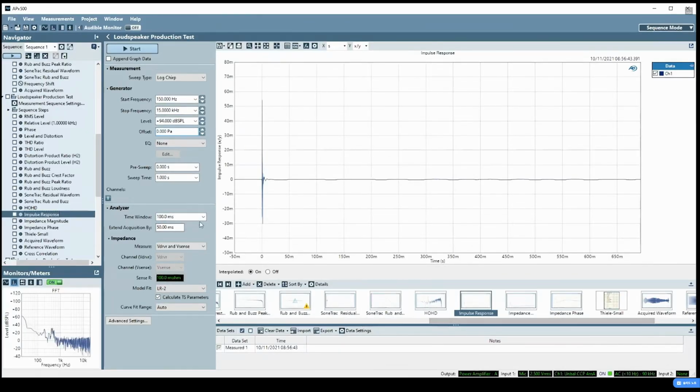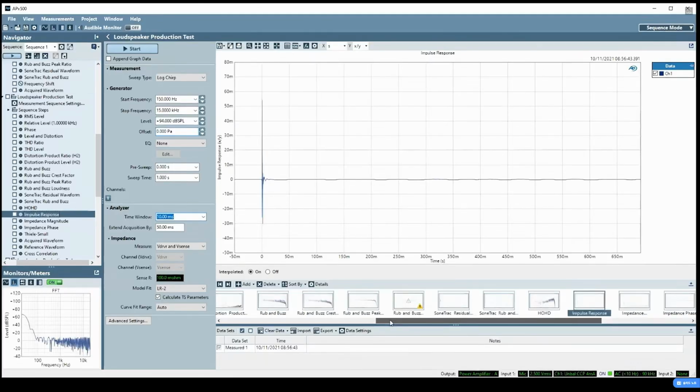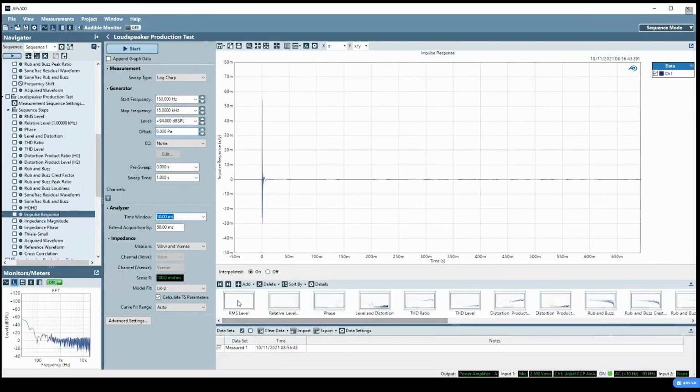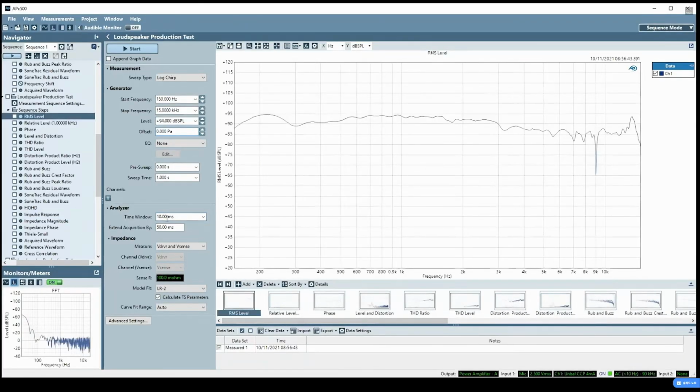One of the big differences, and as I mentioned, if I don't put that S in, we're at 10 meters on the time window and not 10 milliseconds. There, and we'll still get the grey areas on the RMS level response.